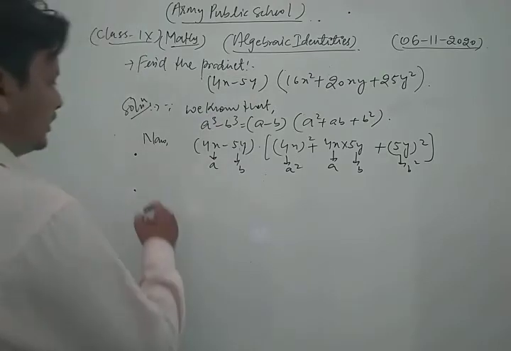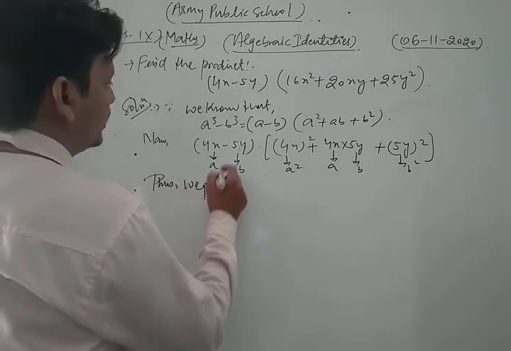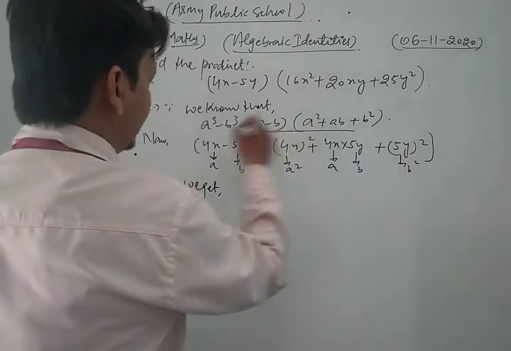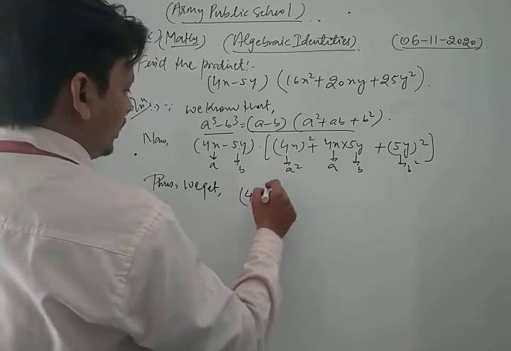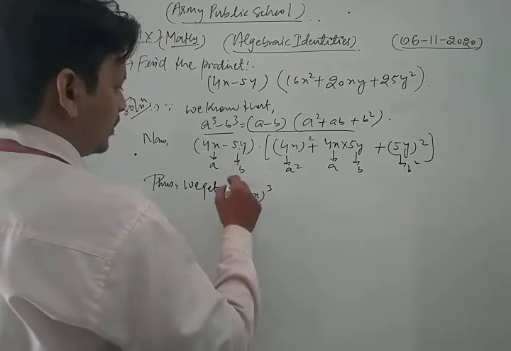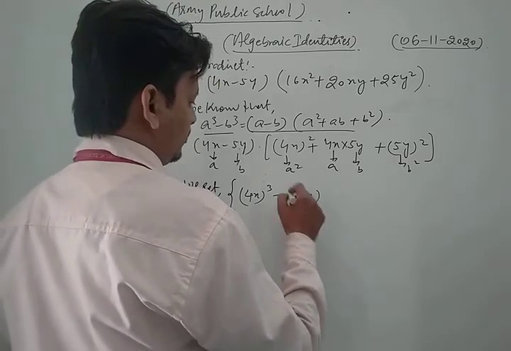So dear friends, we get the value as a cube minus b cube. A means 4x cube, and b cube means 5y cube.